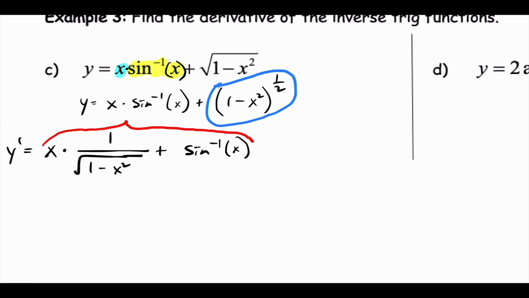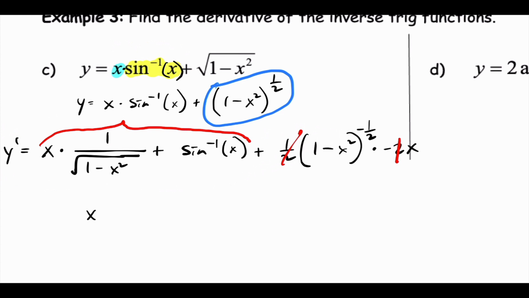That part I don't need. I don't have any inverse sines or anything. So it's just going to be plus 1/2 (1 minus x squared) to the negative 1/2 times the derivative, which is negative 2x. So the 1/2 and the negative 2 will cancel out.